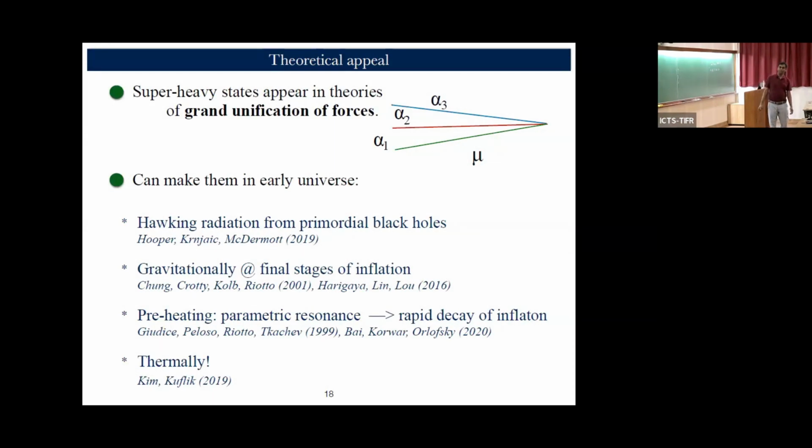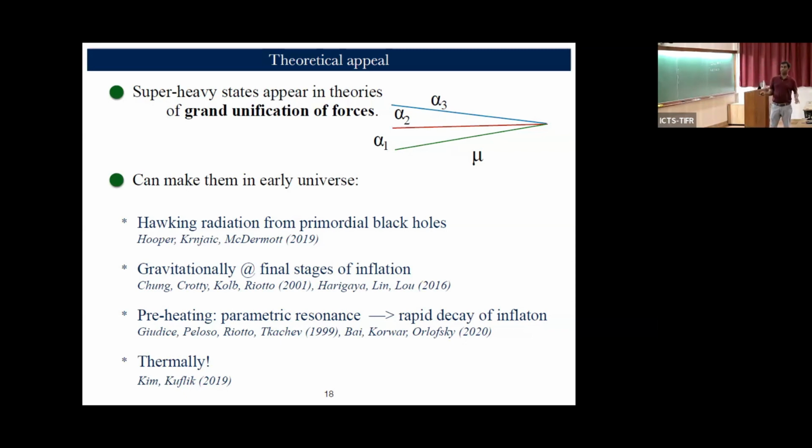Now, thinking about dark matter in that mass range, it's not completely crazy. Okay, there is a lot of theoretical appeal to this. People have thought about it over the decades. Super heavy states appear ubiquitously in theories of grand unification of forces. And this is actually a woefully incomplete list. But there are many ideas out there in the market that make these kinds of dark matter particles in the early universe.